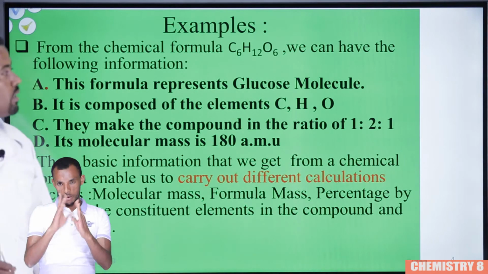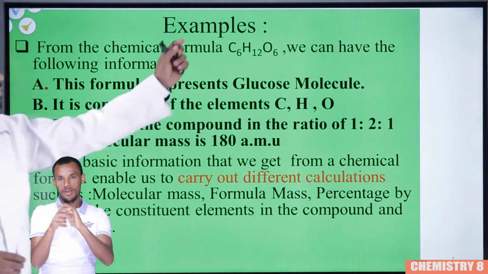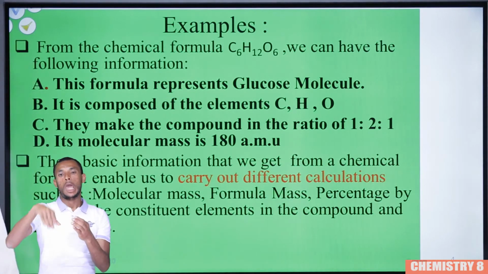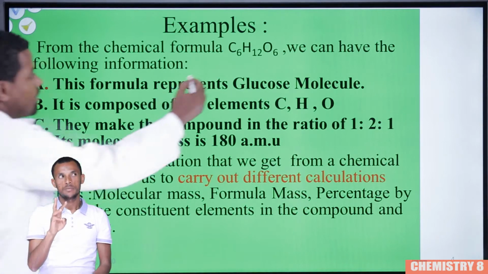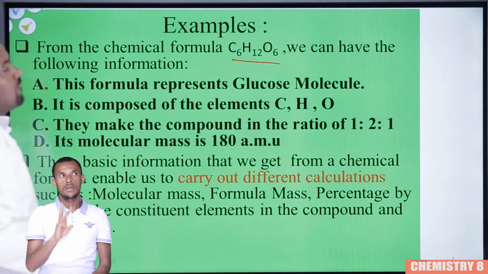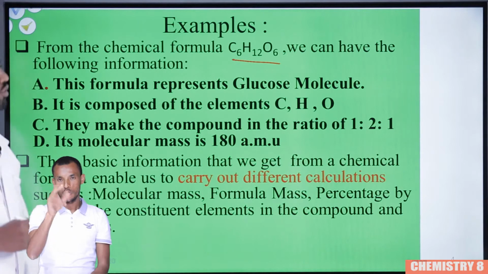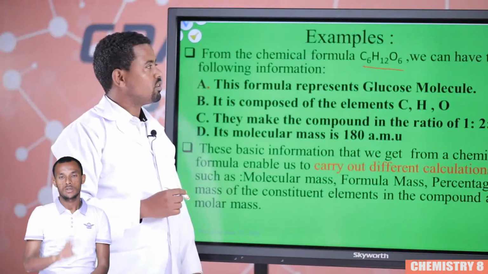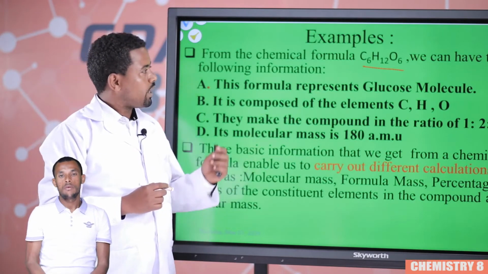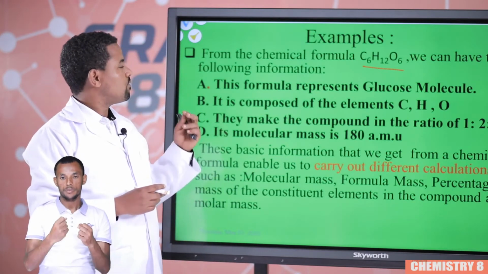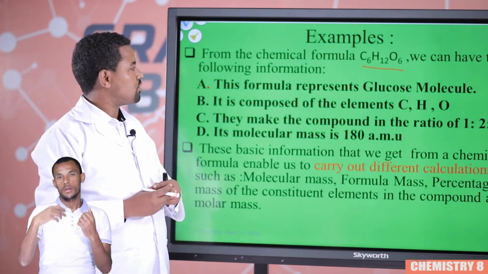Let's see some example. Here we have a chemical formula C6H12O6. From this formula, we can have some basic informations.